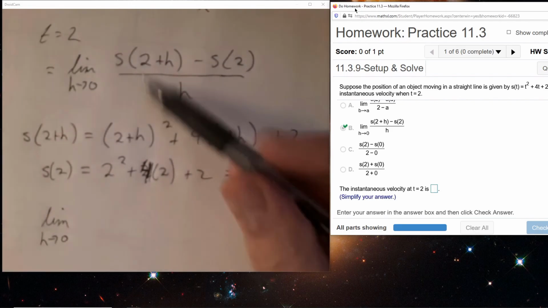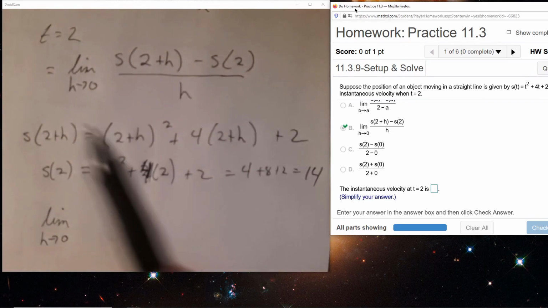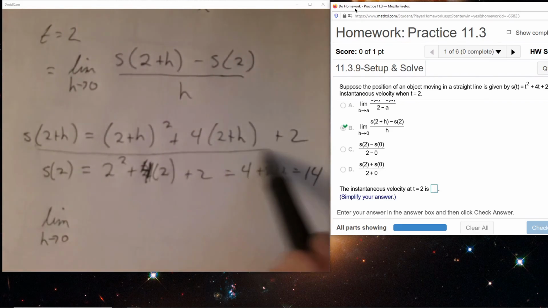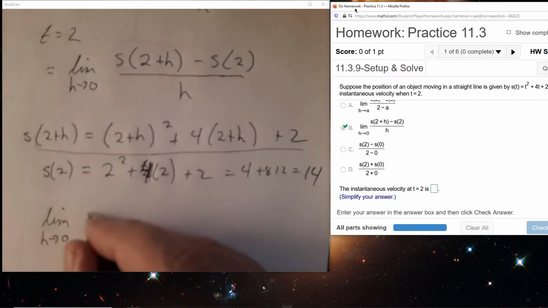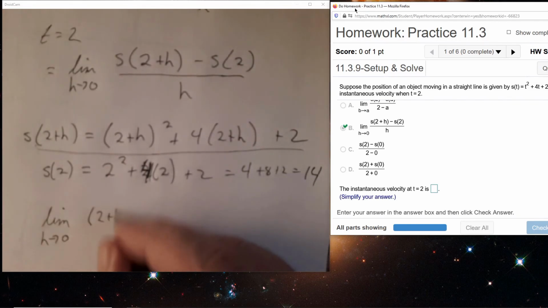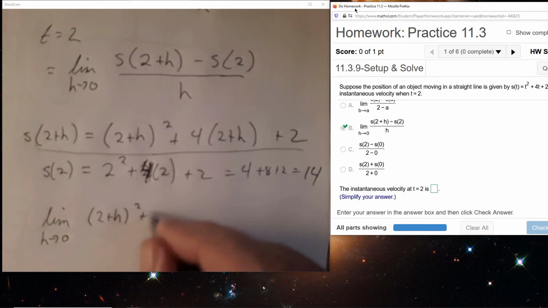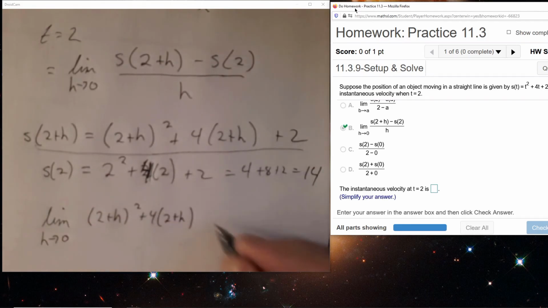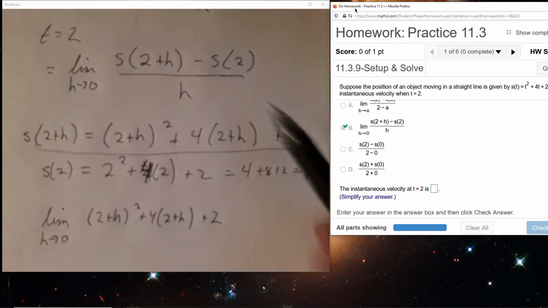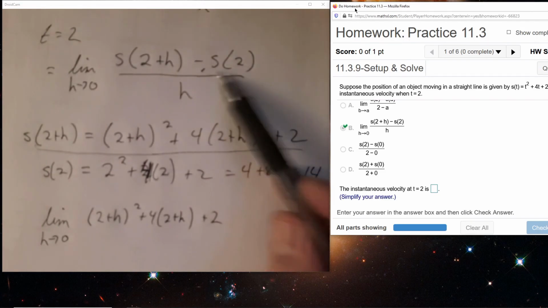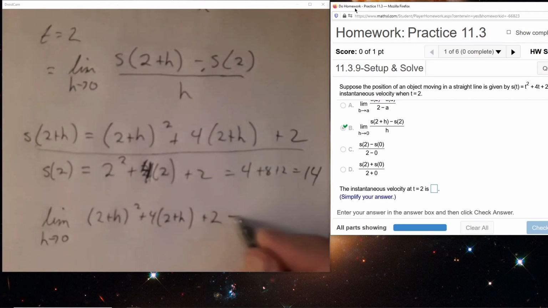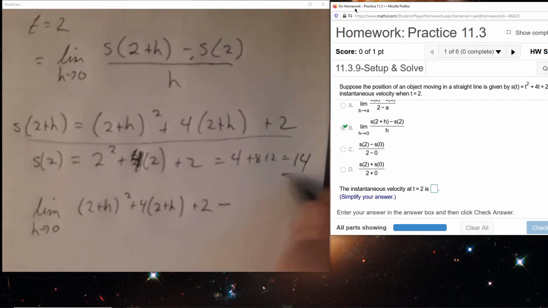So s of 2 plus h is right here. We just figured out. So we're going to plug all that in. And then we subtract off s of 2. And s of 2 we found out to be 14.